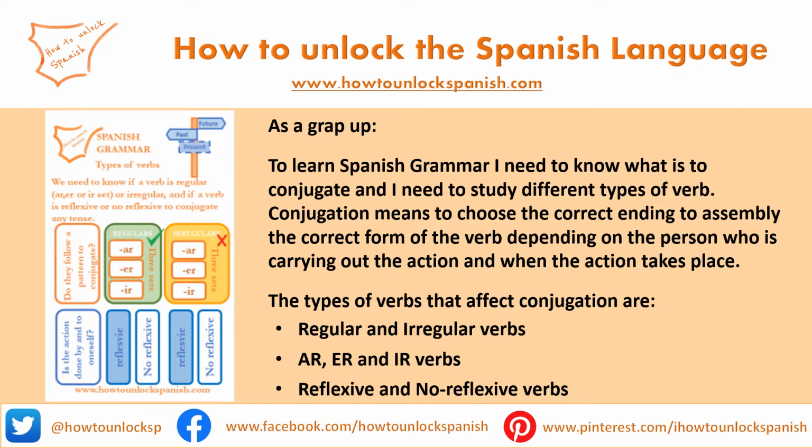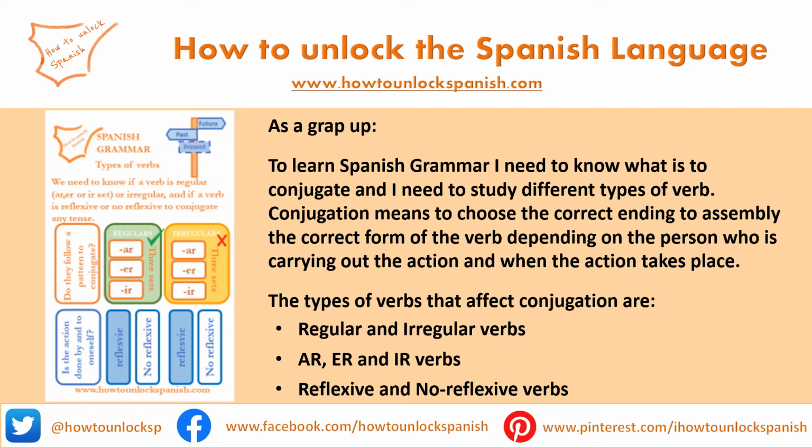One is regular and irregular verbs, which depends on if the verbs are following the pattern or not following the pattern for a certain tense. Then we have the sets of verbs ar, er, ir, which are the verbs that can be organized in sets depending on the ending of their infinitive, and this will affect if they are going to be conjugated with one set of endings or the other.